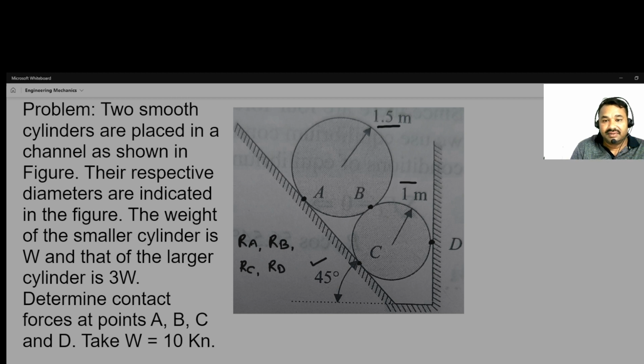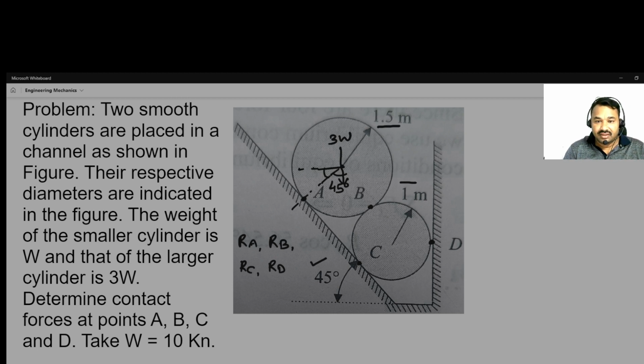This angle is 45 degrees, so obviously whatever the reaction RA is, it will make an angle with W, which is 3W here. This angle will be 45 degrees, and this angle will also be 45 degrees.